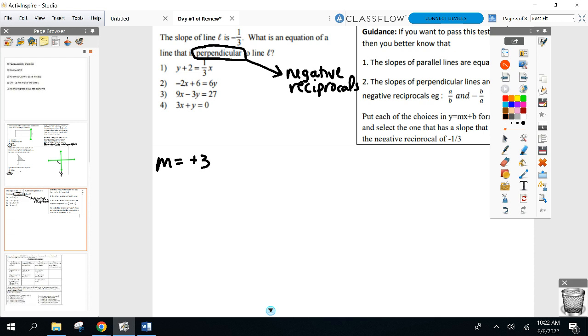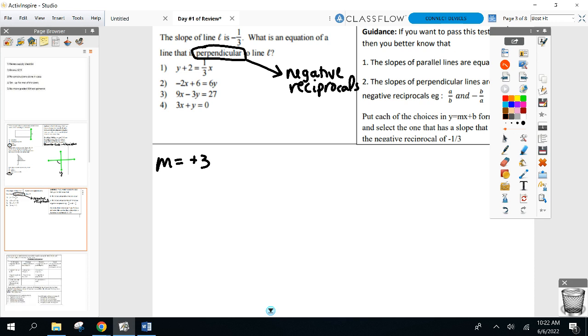So I'm looking for something right now out of these multiple choices that have a slope of positive 3. And they're going to make it tough on you because everyone noticed none of those equations are in y equals form, are they? None. So you're going to go through right now, get them into y equals form for me, and figure out which one of those has a slope of positive 3. So get each one into y equals form.